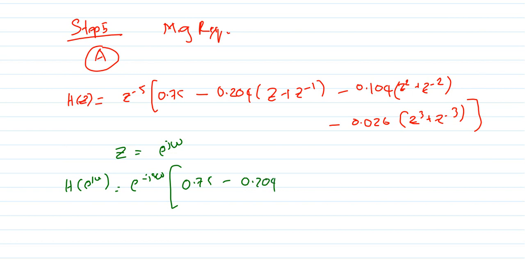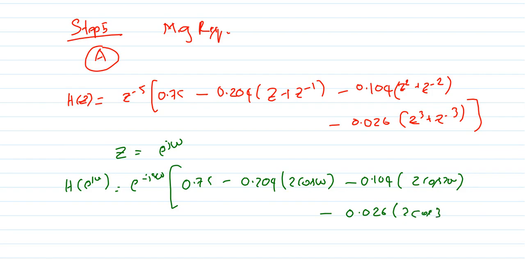See here, e power j omega plus e power minus j omega, you can put it as 2 cos omega. Minus 0.104, here we get 2 cos 2 omega, again minus 0.026, it will be 2 cos 3 omega.